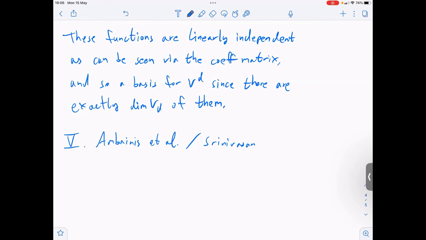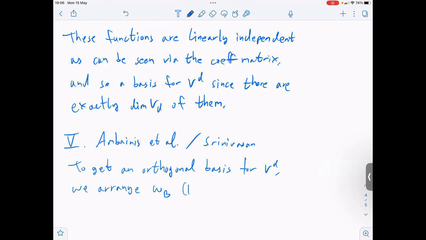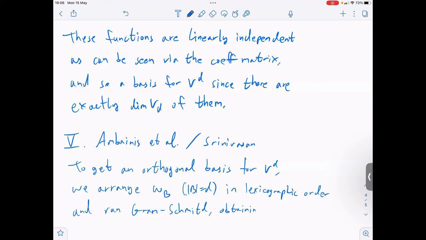So to get an orthogonal basis for VD, we arrange this other basis in the correct order, in this same lexicographic order, suitably defined, and run Gram-Schmidt, obtaining a basis, what you call chi B, and I'm going to describe it soon.